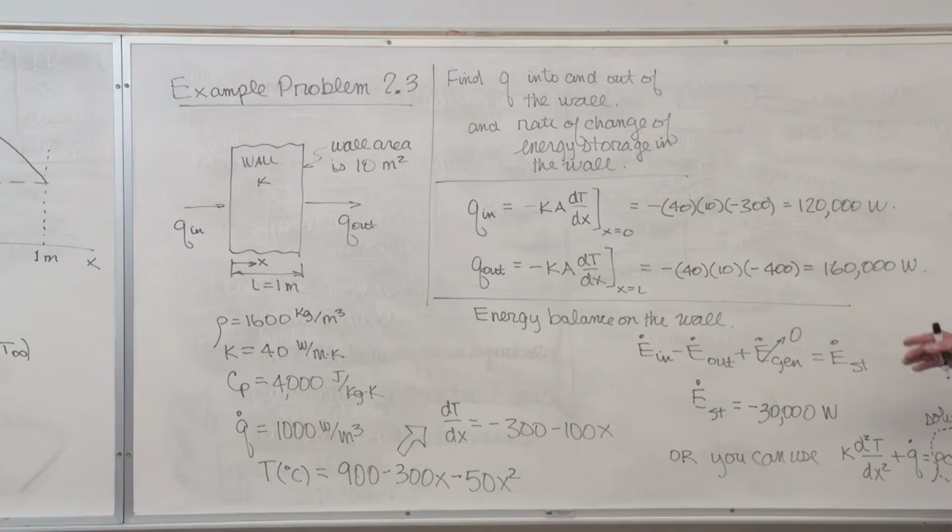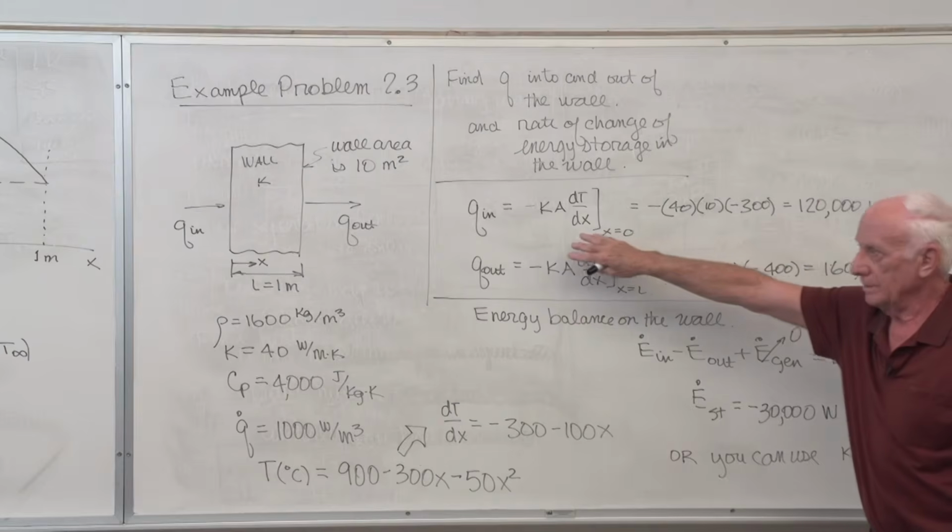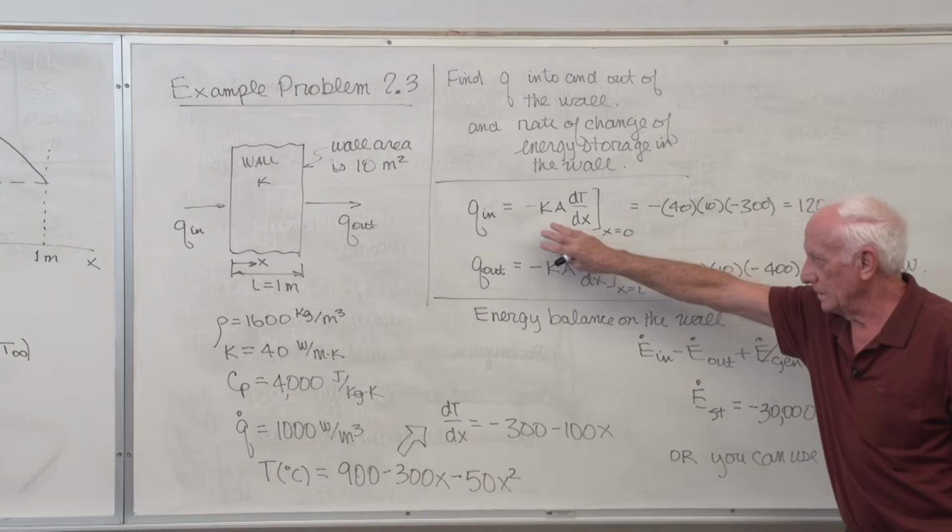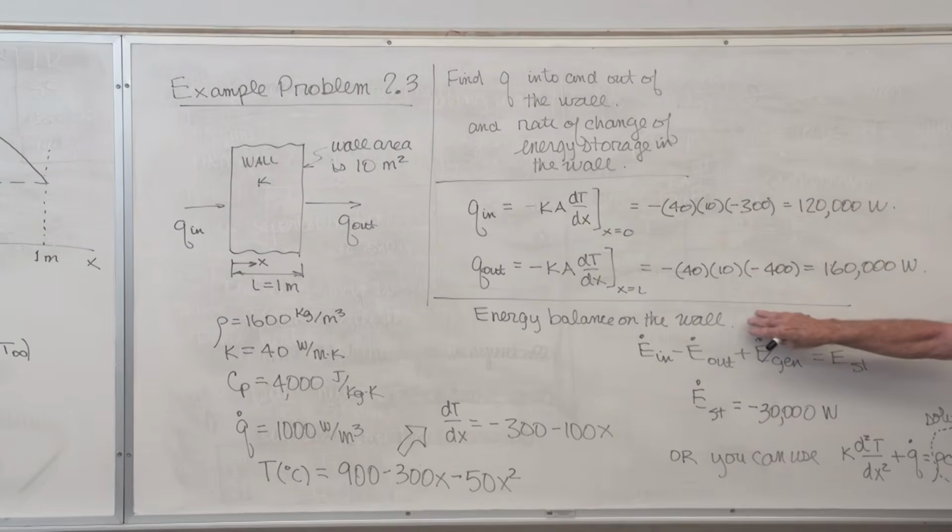Just so you know, this is an interesting problem because you use chapter 1 here, Fourier's law. You use chapter 1, energy balance on the object, or maybe you want to use chapter 2, the heat diffusion equation in terms of x.